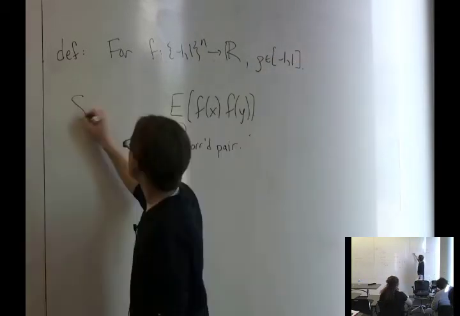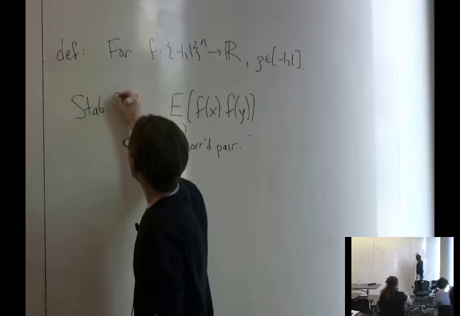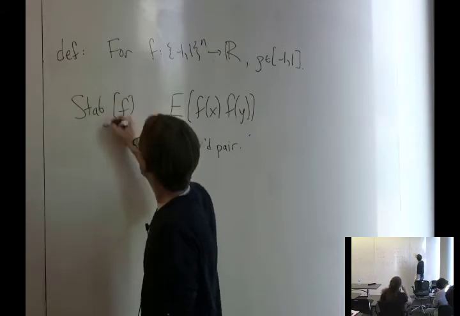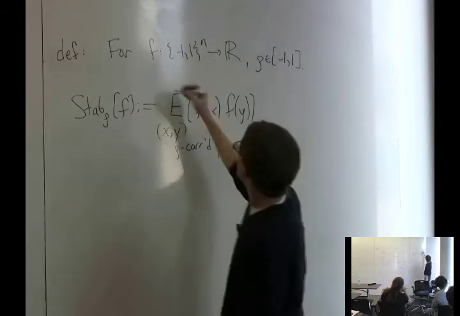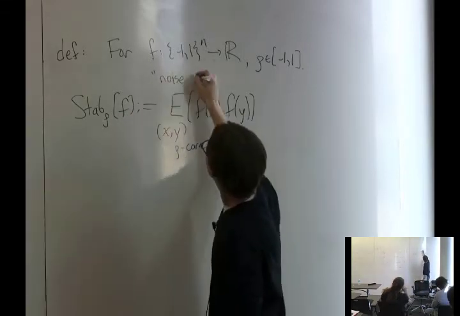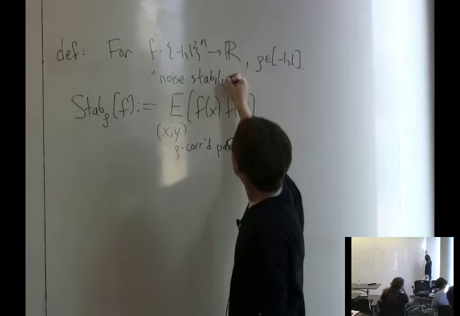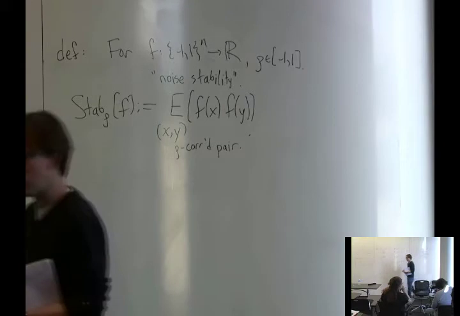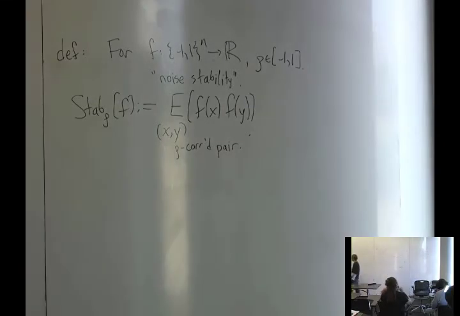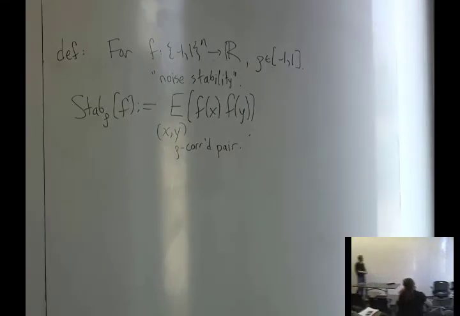This is called the noise stability of f at rho, and it has this notation. So it sort of measures the correlation of f with itself when you feed it rho-correlated pairs.